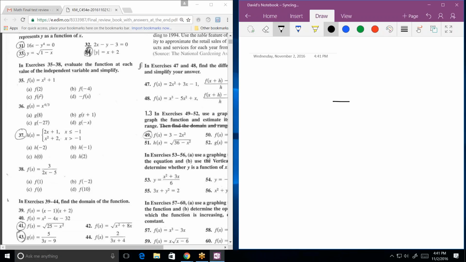Interestingly enough, what do you suppose that is? 4? Not according to Wolfram Alpha. Why is that?